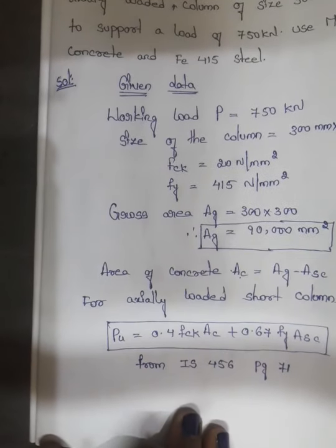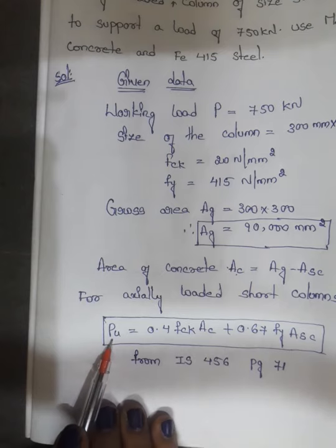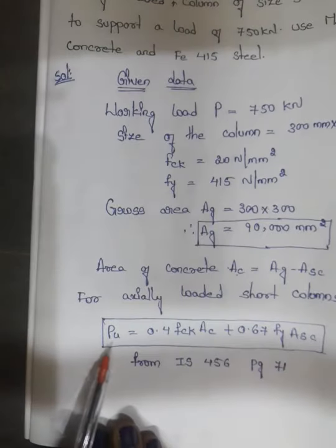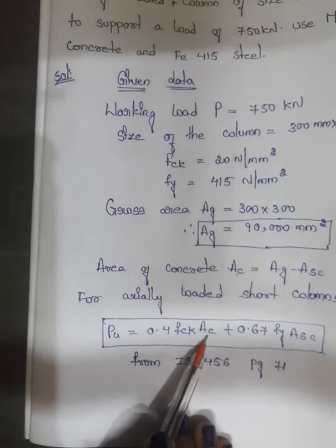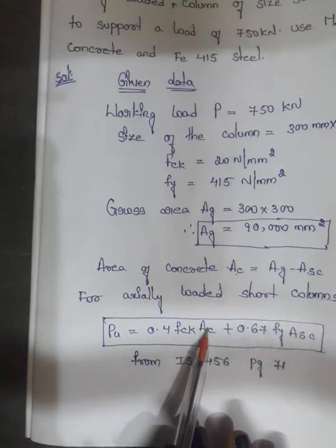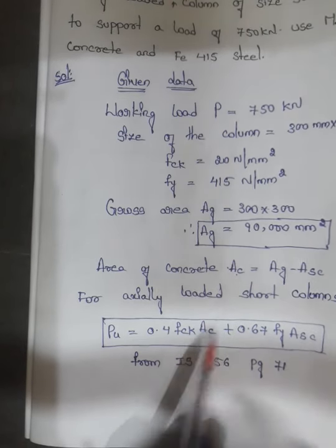And we'll substitute all the values. We know Pu. So P is given, we need to calculate the Pu. So fck we know. Ac we need to calculate. So we know Ag, we don't know Asc. So we'll substitute Ac is equals to Ag minus Asc, because 90,000 we already know.